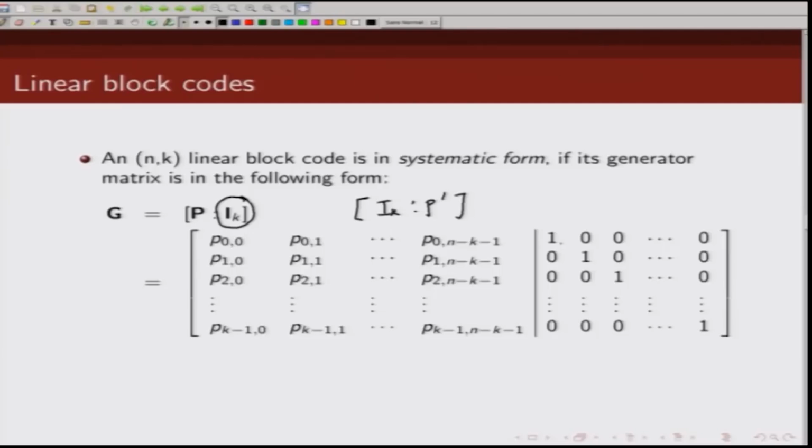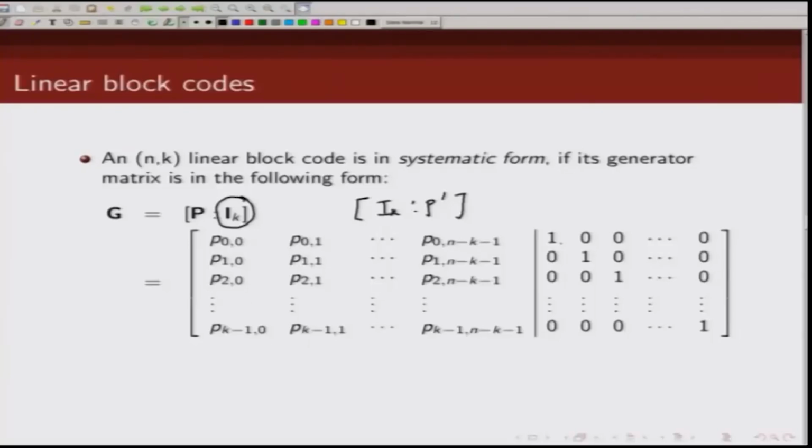When we multiply our information sequence with this sort of generator matrix, you will see part of my coded bits will just depend on one particular information bit.